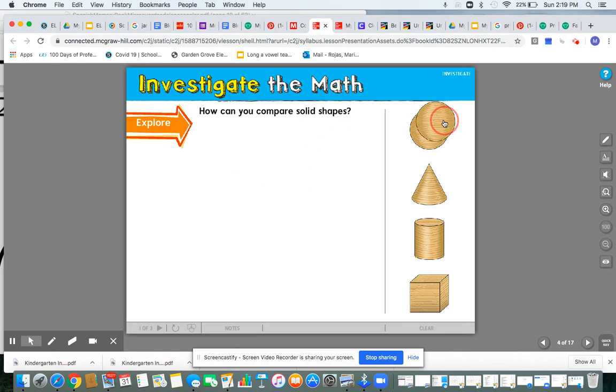Let's look at, can I roll it? Yes, this can roll. And then can I slide it? Well, I think sliding would be on the rolling side. Here, this is a cone. Can I stack my cone? No, because this pointy part is not going to hold the cone together.